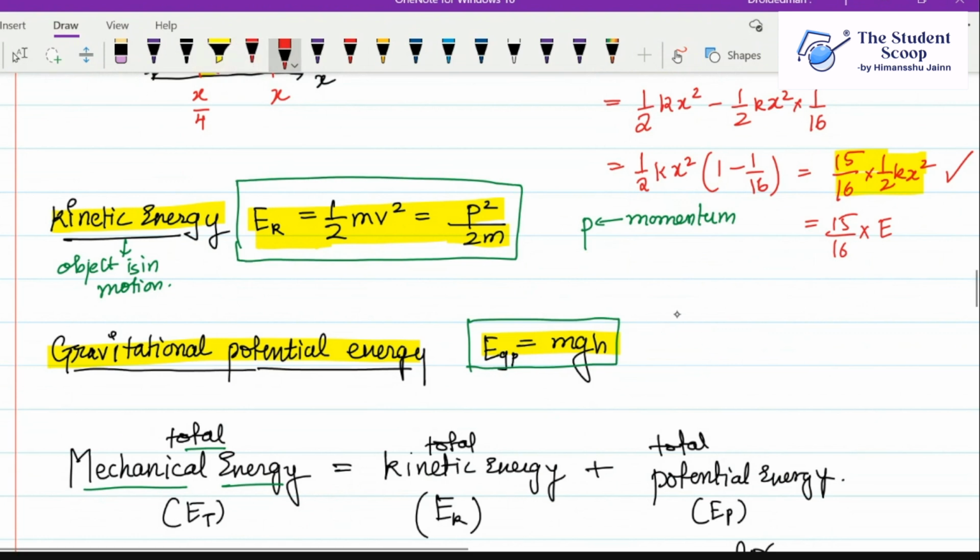So we have to specify what h is. It is the height, or it can be the change in height in the case where we are calculating the change in potential energy. But here, h is the height of an object with respect to the equilibrium point.